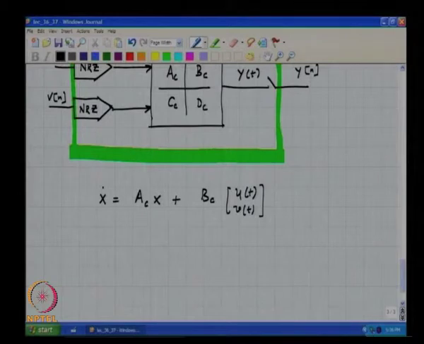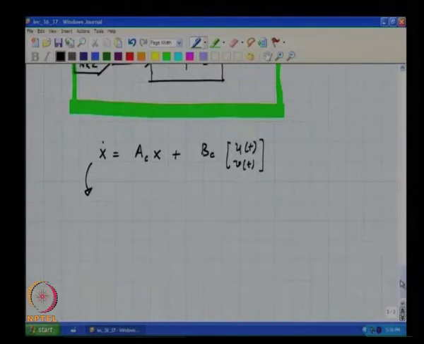Is this clear? So, if this is the set of differential equations, what is the solution to this? Let us say the initial condition at time n was some x naught, okay. We need to find what the states will be.